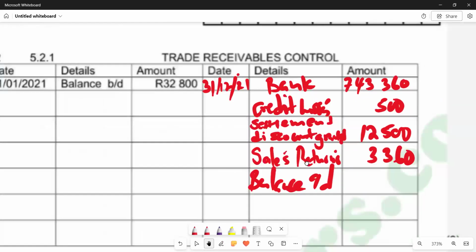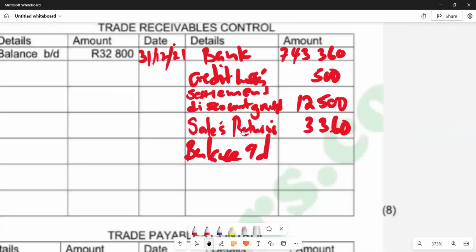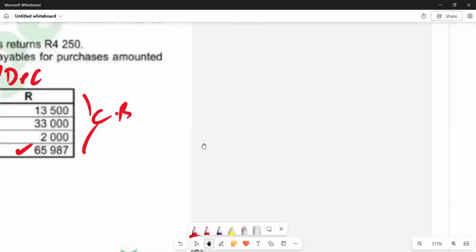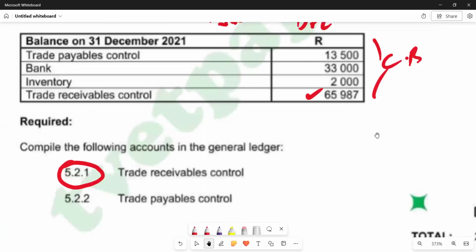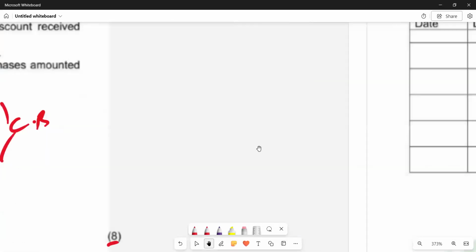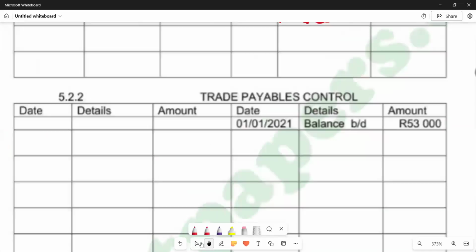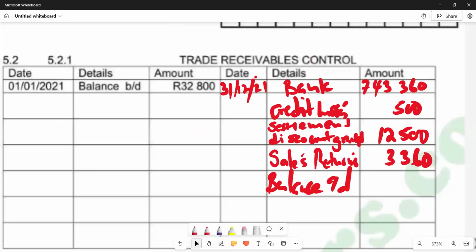Sorry, we are supposed to put it as we are given it there. Let's check the actual figure that we are given there: 65,987. So this is what we have.